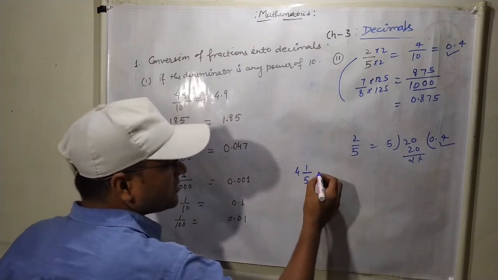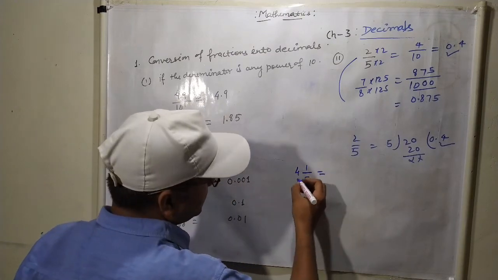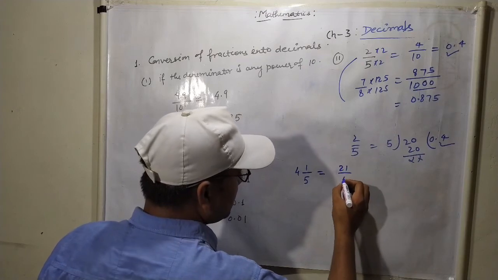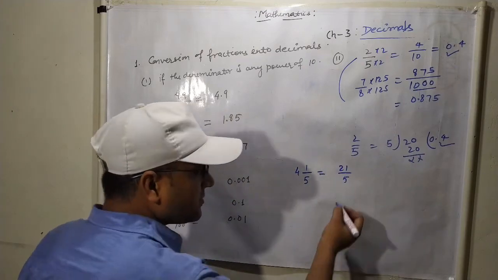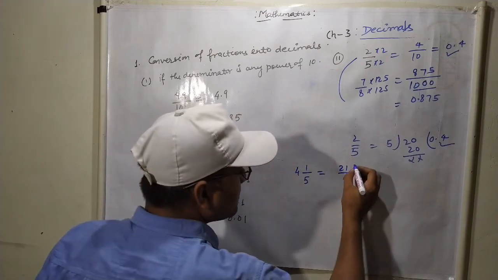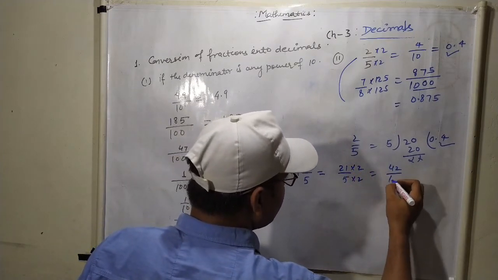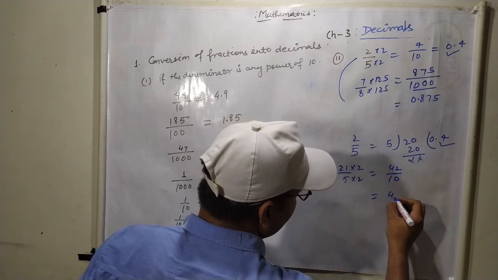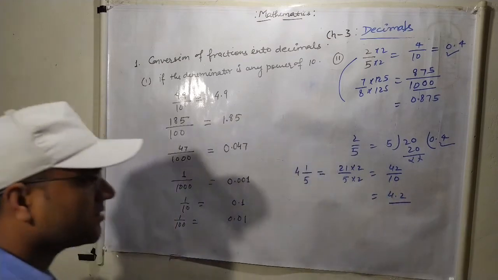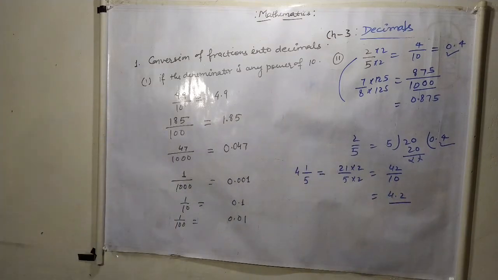First you change it into improper: 4 5s are 20, plus 1 is 21, so 21 upon 5. Then change this into a multiple of 10 by multiplying 2 in numerator and denominator: 42 upon 10. Then you will get 4.2. That is your answer. So it is very easy. If you use your mind, you can easily do that question.